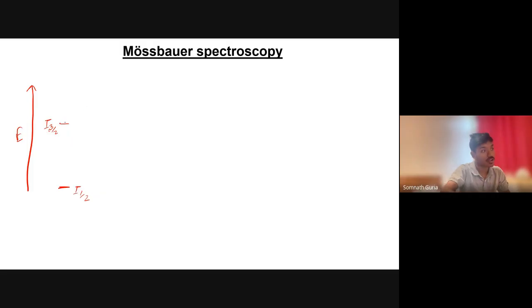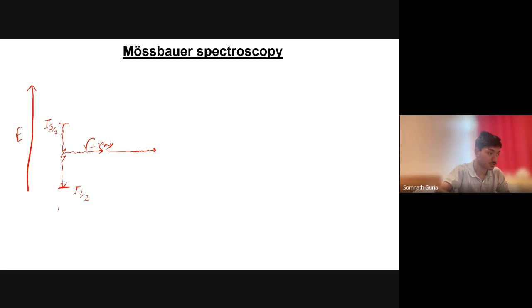We provide energy, it decays, and gives its energy as a gamma ray, and that ray is absorbed by my sample.